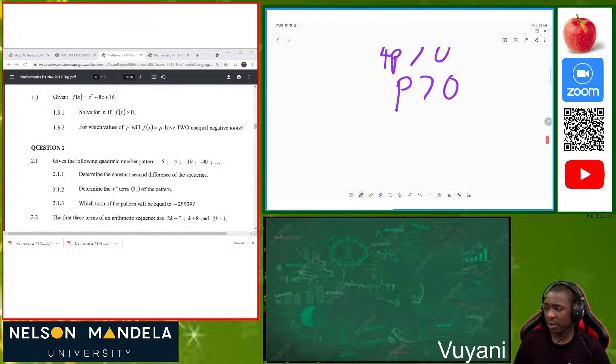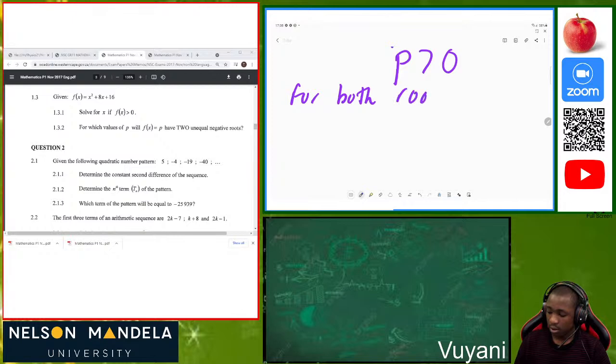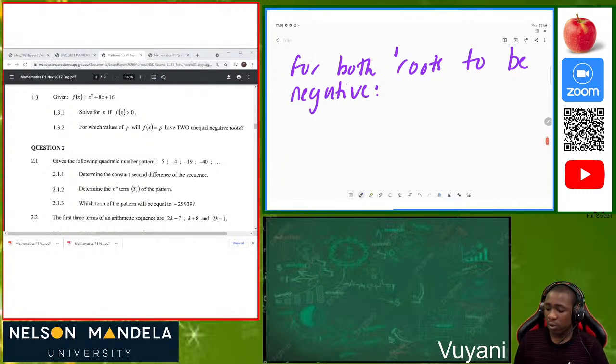We have another value now. For both roots to be negative, we just have to have the square root of 4p less than 8.